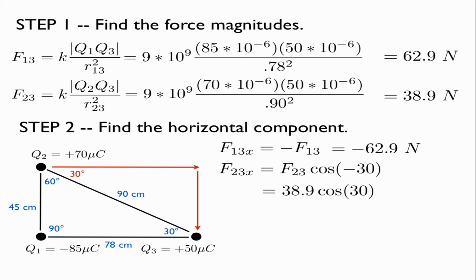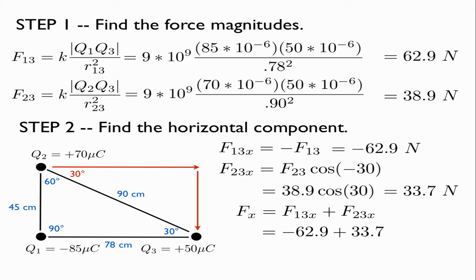So this is simply equal to 38.9 times the cosine of 30, which is 33.7 newtons. To find the total x component, we add both contributions, and this gives negative 29.2 newtons.